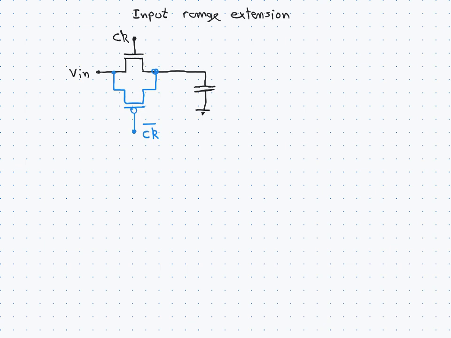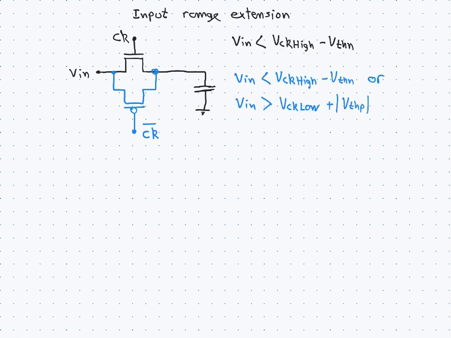And now the input voltage has to be smaller than the clock high voltage minus the N threshold, or the input has to be larger than the low clock voltage plus the absolute value of the P threshold.